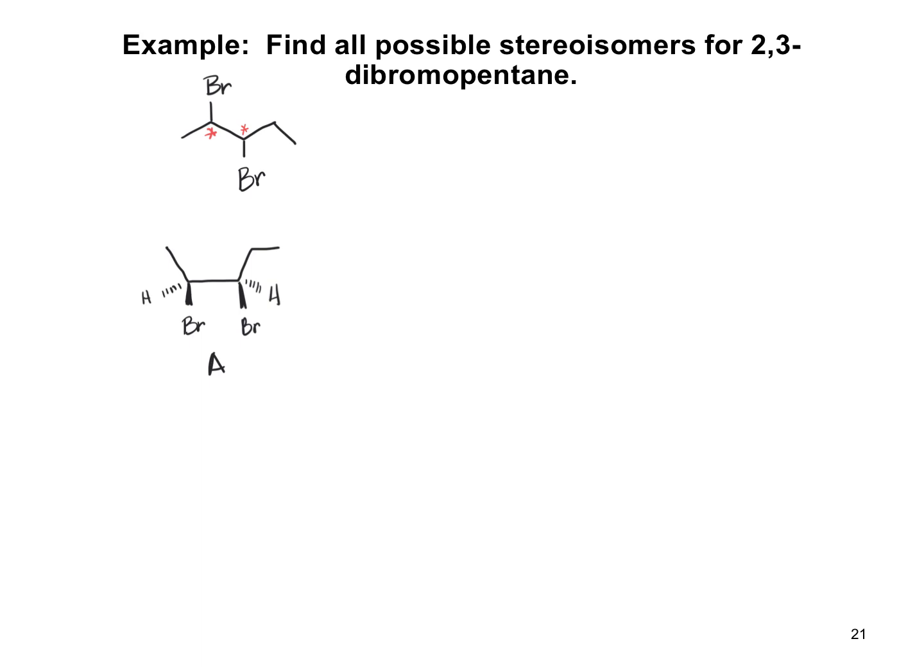And so now I need to draw the mirror image of that. And so when I draw the mirror image, that's what I get. And we're going to call that B, okay?